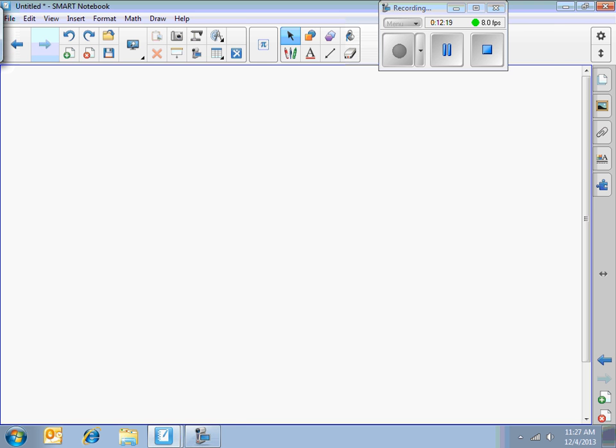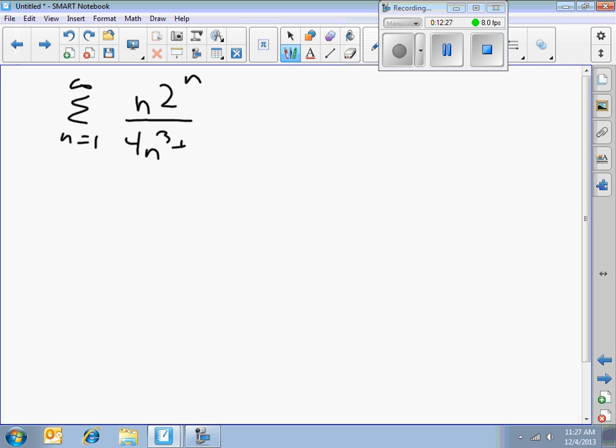Let's look at the summation as n goes from 1 to infinity of n times 2 to the n over 4n cubed plus 1. I'm going to compare that to, looking at the leading terms, n times 2 to the n over 4n cubed.